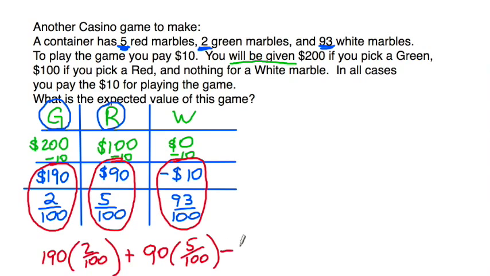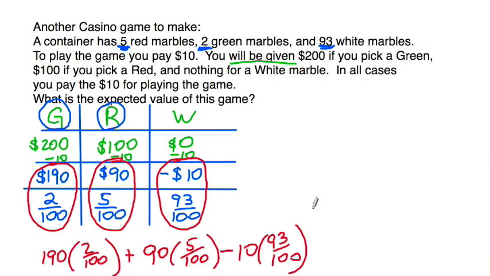And then you're going to lose $10 93 times out of 100. If you type this into a calculator, if I remember right, the answer is -1. But let's do it. 190 times 2 divided by 100 plus 90 times 5 divided by 100 minus 10 times 93 divided by 100. Yeah, -1.